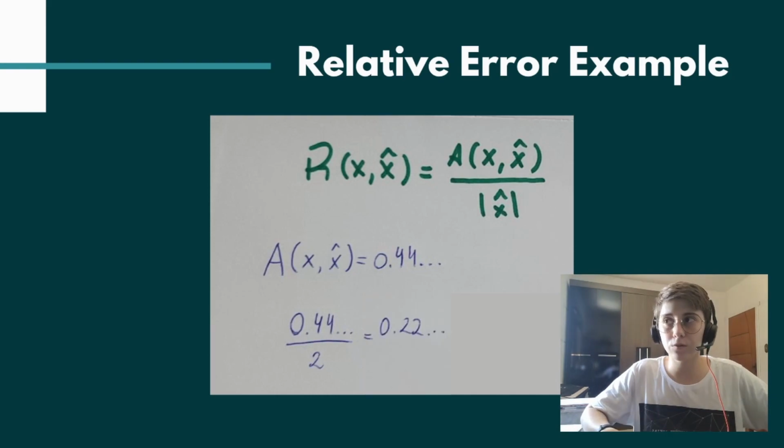So this will result in 0.22, and we can read this in another way. We can read this as 22%, because we can multiply by 100 and read it as a percentage.